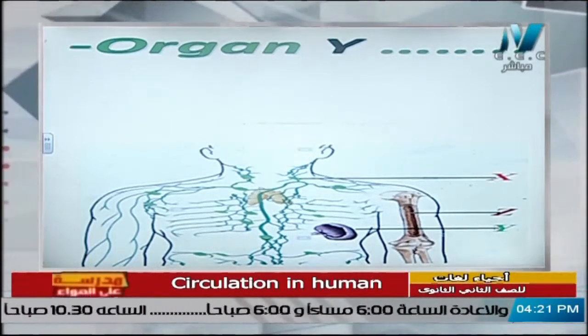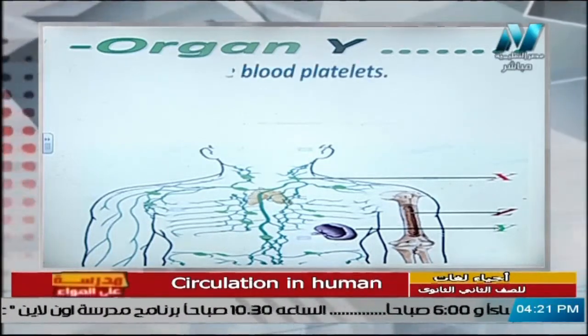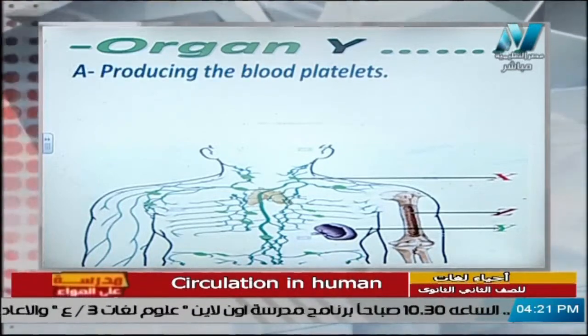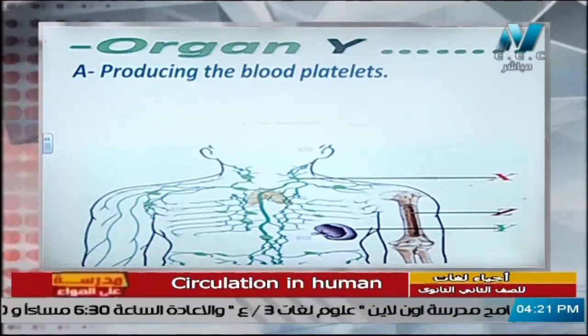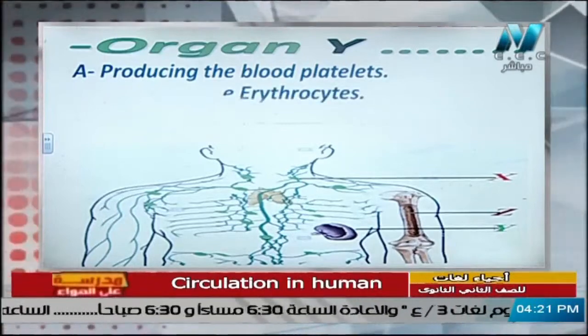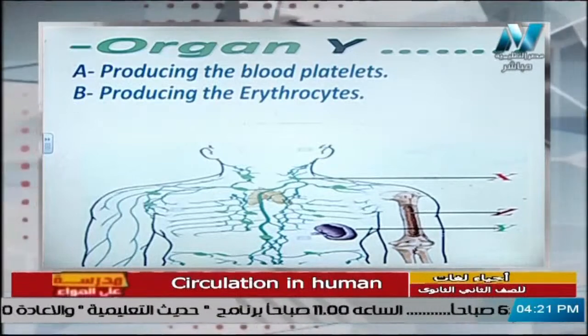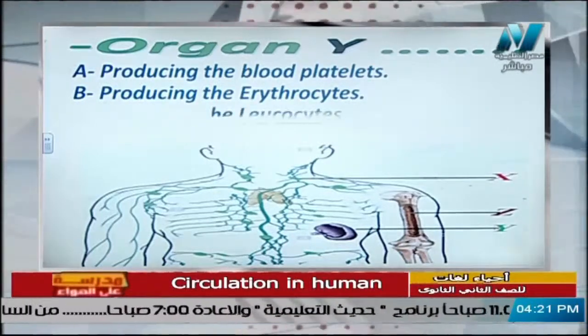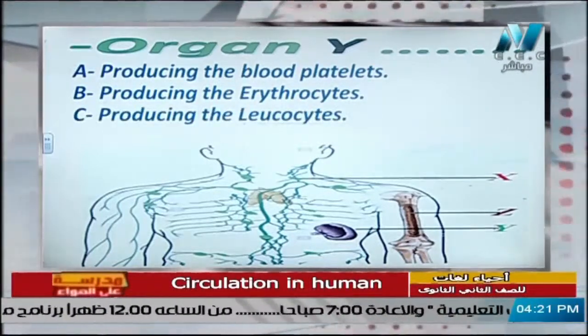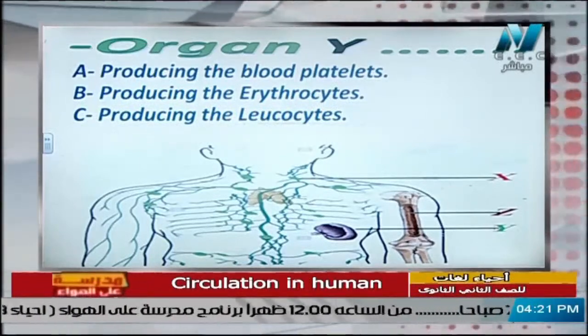يبقى هنا لما يجي يقول لي organ Y هيبقى producing the blood platelets، بيطلع الصفائح الدمويه، ولا producing the erythrocytes, red blood cells. Number C, producing the leukocytes اللي هي white blood cells.